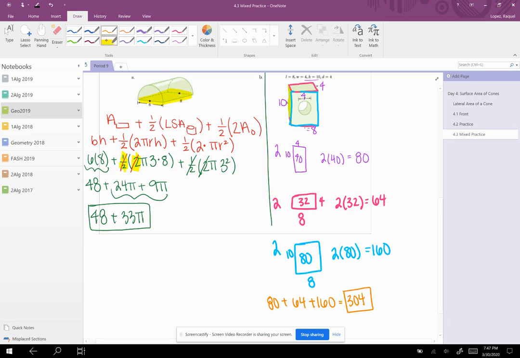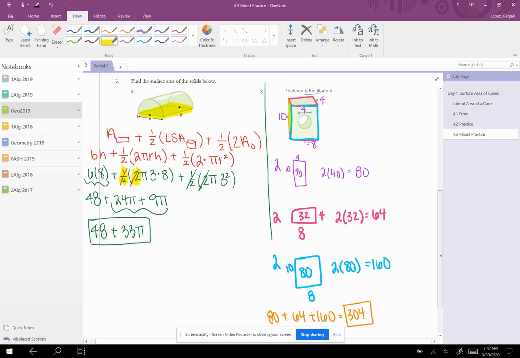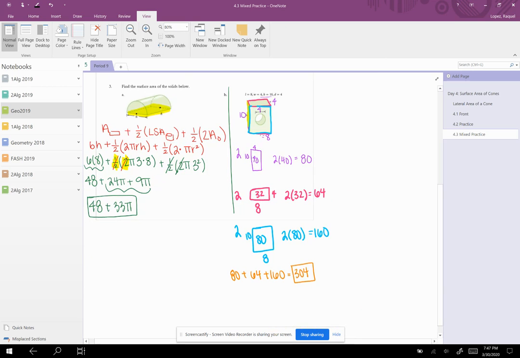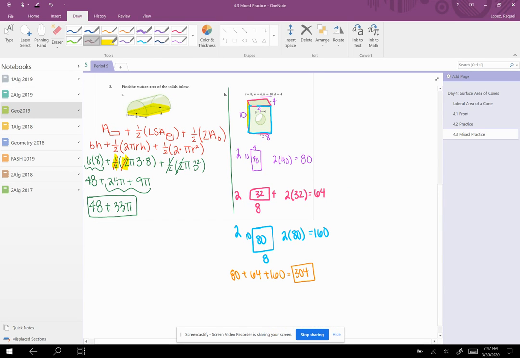Okay. But we have to get rid of this circle over here that they inconveniently cut out. Okay. So now let me go ahead and just zoom out a little bit. Okay. So the area of a circle is pi r squared, and they give us the diameter. So the diameter is 4, which means that the radius is going to be 2.